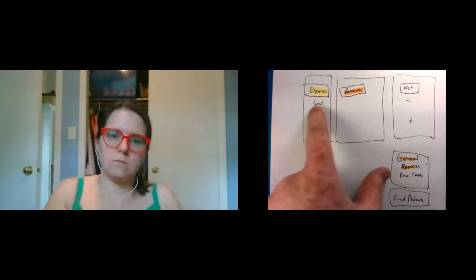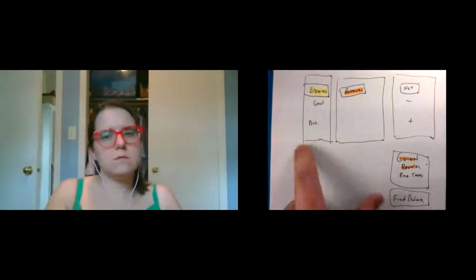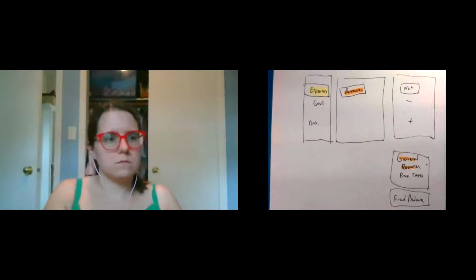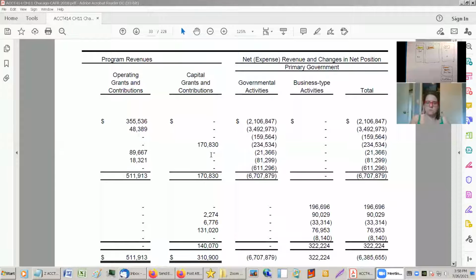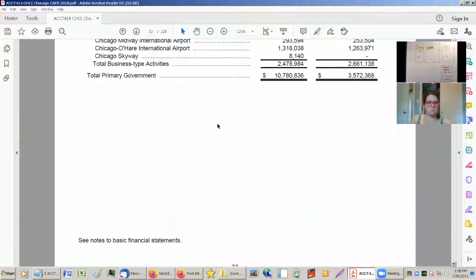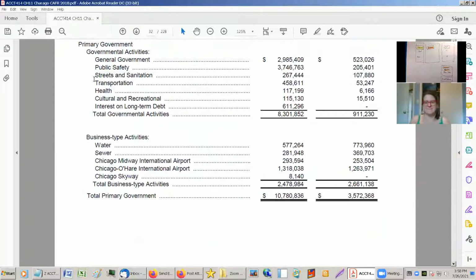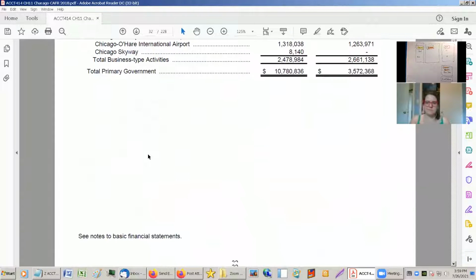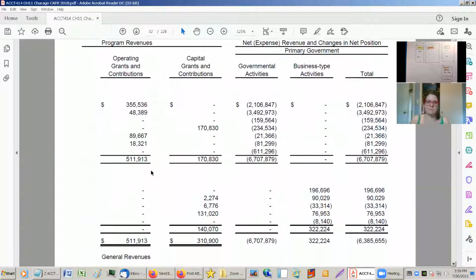So it's kind of a strange document. And then it goes across and then goes down. So when we look at this, this is going across the page. So here's a program revenue. So these are specific to whatever the programs are, and because this is on 2 pages, you have to look up here. It's such a wacky document that it doesn't really fit on one page.